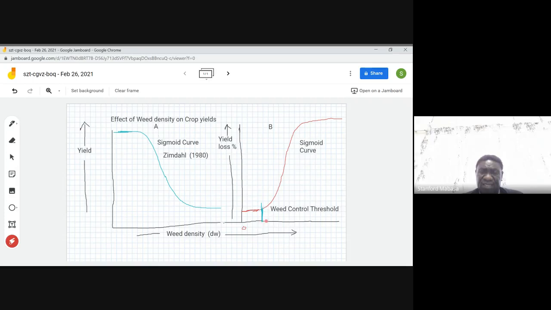So this density of weeds, which gives low yield loss, was referred to as the weed control threshold.